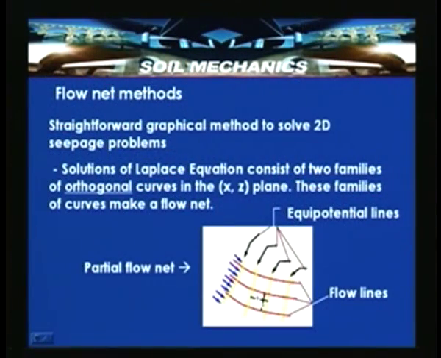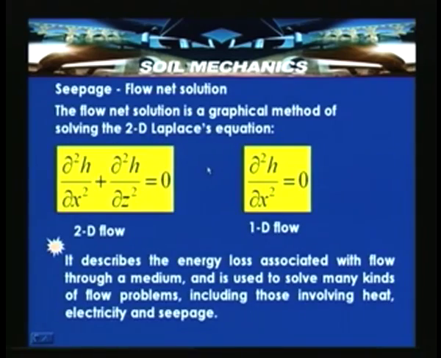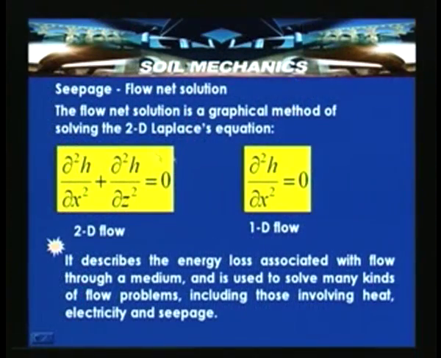Now, when you come to seepage and flow net solution, the flow net is a graphical method of solving the two-dimensional Laplace equation. In the two-dimensional case, the Laplace equation of continuity reduces to dou square h by dou x square plus dou square h by dou z square is equal to 0, because we are now considering the xz plane.